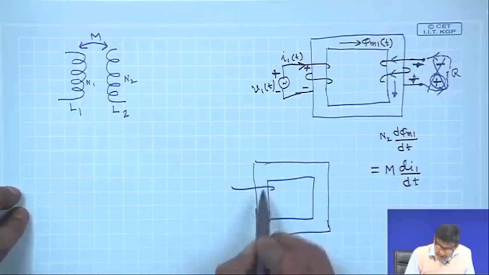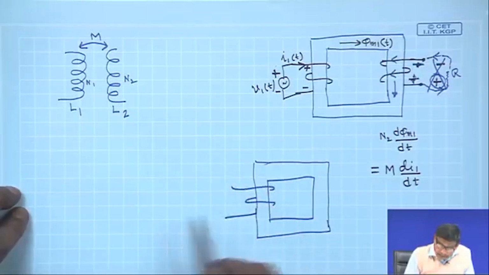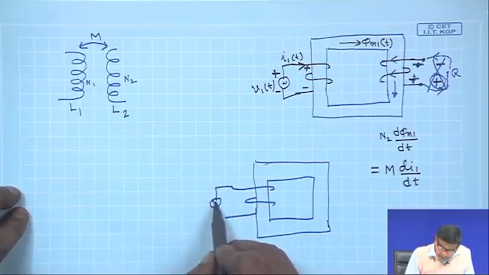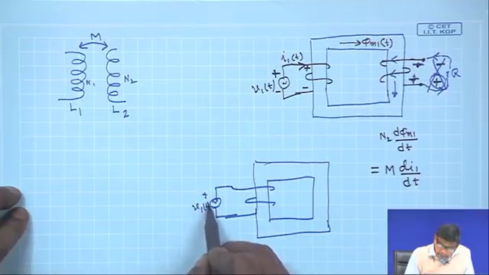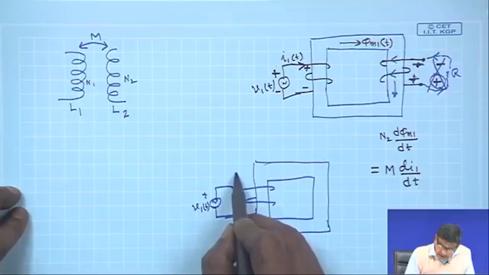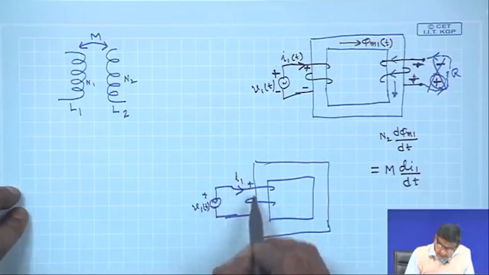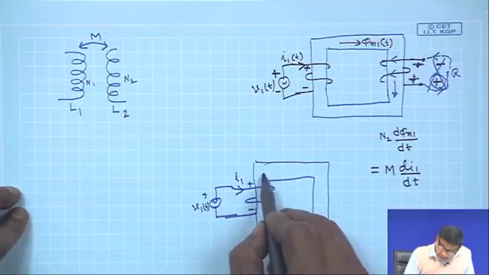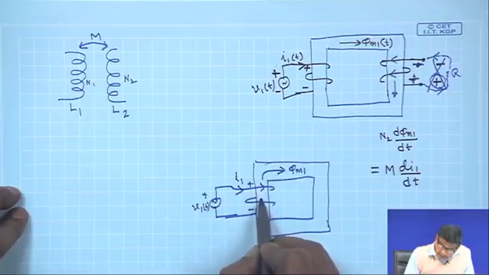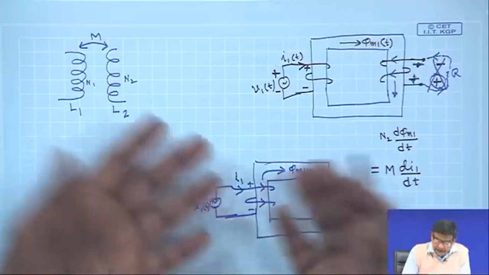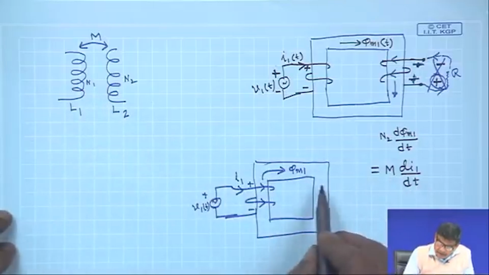So, what is the thing assumed? Here this is the primary coil, here you have connected a voltage, at that instant this is the voltage V 1 t and this is I 1 t, and I 1 t is increasing, plus minus. So, that phi m 1 created by it, its polarity and directions are known, phi m 1, and the second coil is like this.